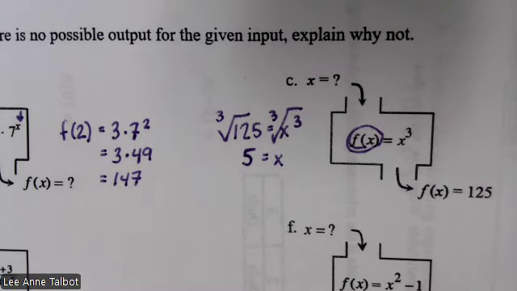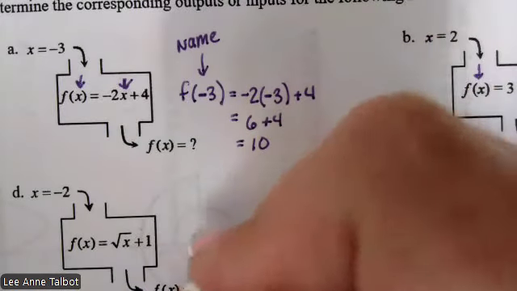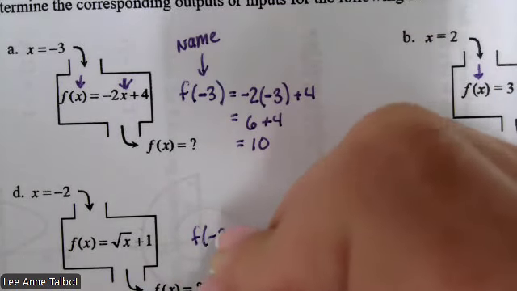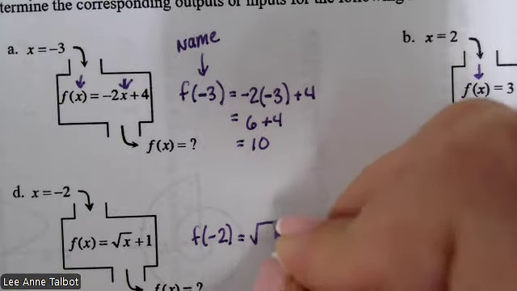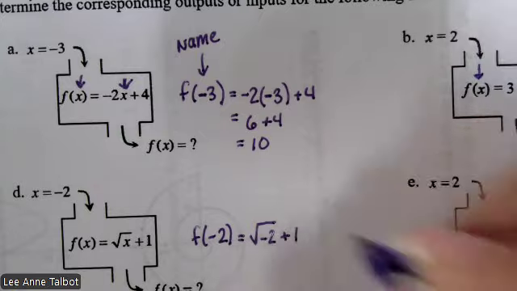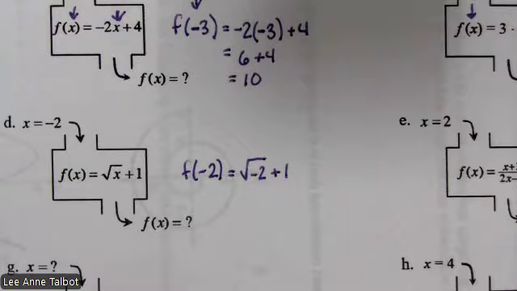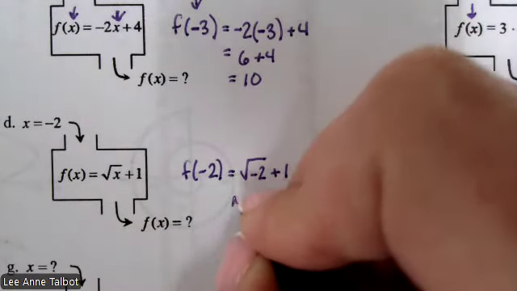Okay, move down to D. F of -2 equals the square root of -2 plus 1. And you can try the square root of -2 in your calculator, but you're going to get an error.